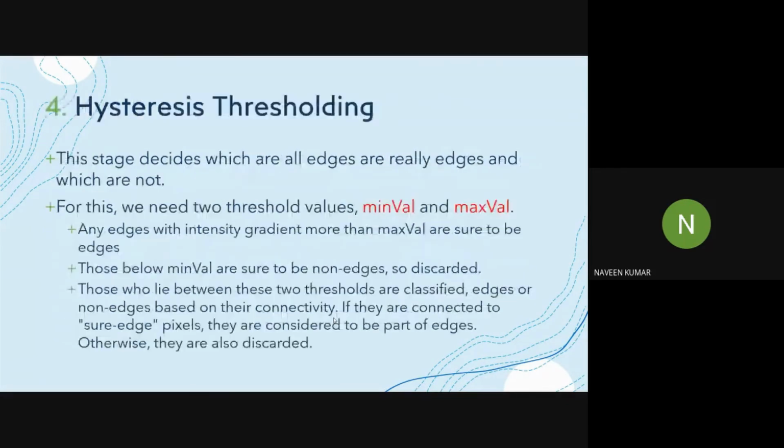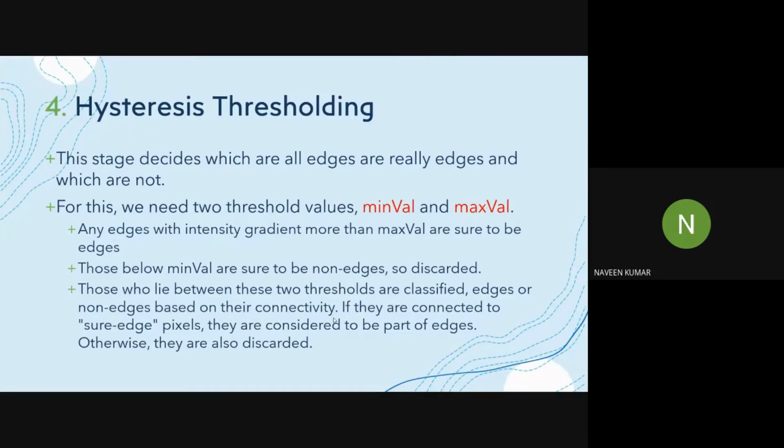So the next stage is hysteresis thresholding. Even the image we get after non-maximum suppression contains a lot of unwanted edges. So in this stage, we remove all unwanted edges. For this, we need two threshold values. The first one is min val and the second one is max val.